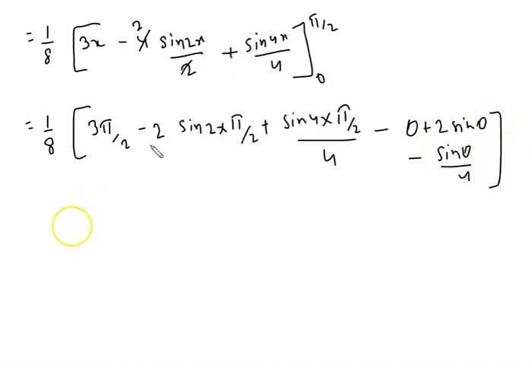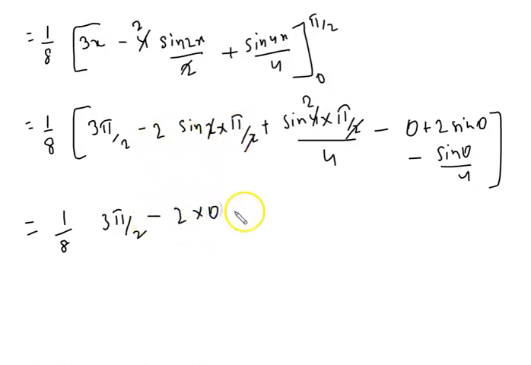Now we know 1 by 8, and the lower limit terms cancel out. The value is 3 pi by 2. We know the formula sin pi is equal to 0, so 2 into 0, plus sin 2 pi is also 0, so 0 by 4, and all these terms are 0 because sin 0 is 0.